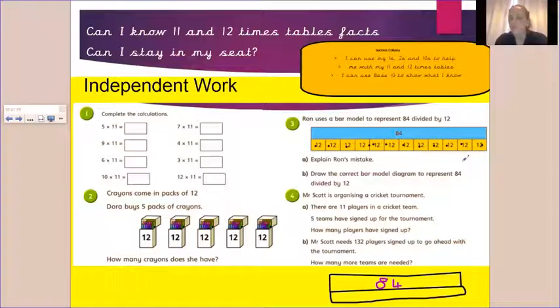So we need to go through our 12 times table and see which times table gets us up to 84. So if I have, I'm just going to do it very roughly because it's a bit difficult to draw on this.